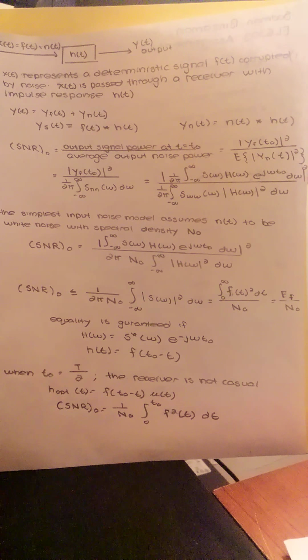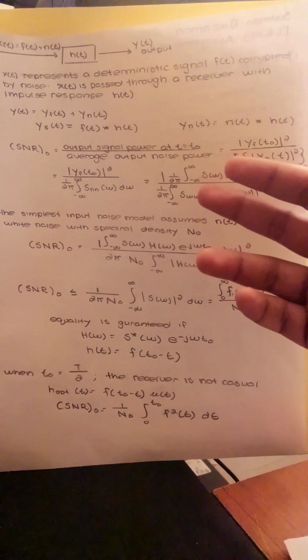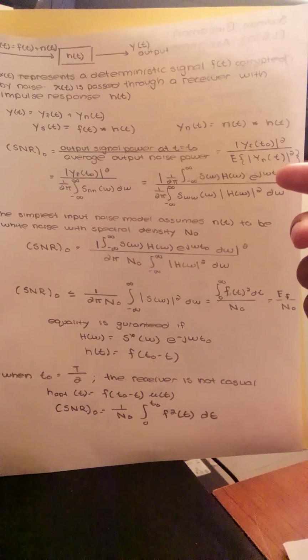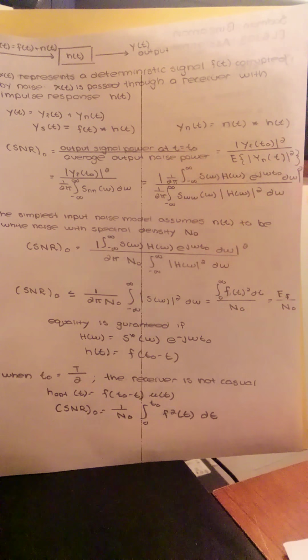Next, we know that the signal to noise ratio equals the output signal power at t equals t0 over the average output noise power, which in turn is defined as the absolute value of y f of t0 squared divided by the expected value of y n of t squared.